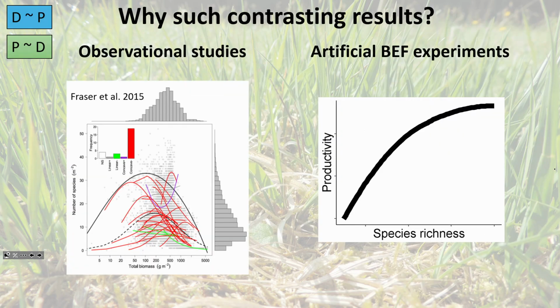So why are there such contrasting results between observational studies, the first part I've been talking about, and these artificial biodiversity experiments? First I have to say I don't know, but we can speculate about potential causes and mechanisms. Well, one thing is that it's done on different scales.